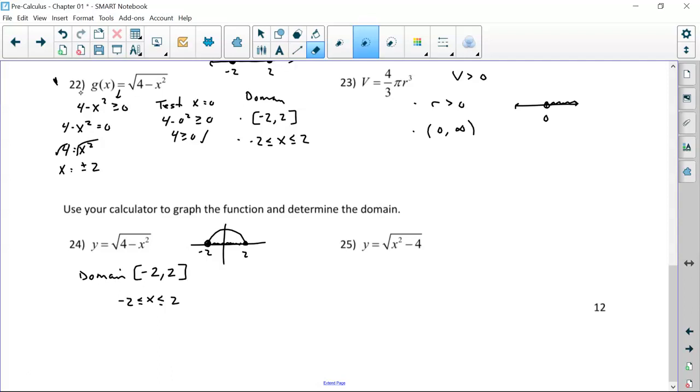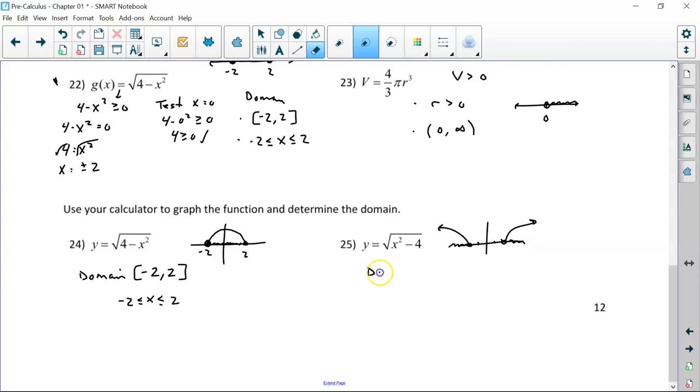Now, number 25 is similar, but we switched around where the x squared and the 4 are. So if you were to graph this on your calculator, you'll see at 2 a dot and at -2 a dot, and it goes like this. Which means we're not going in between, we're going in opposite directions. It's an OR inequality.